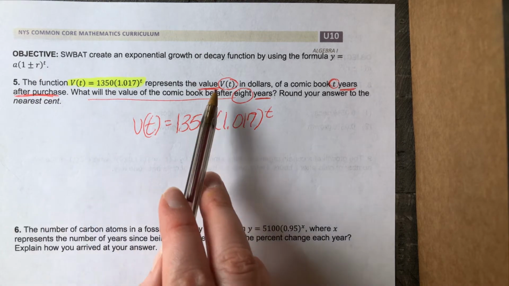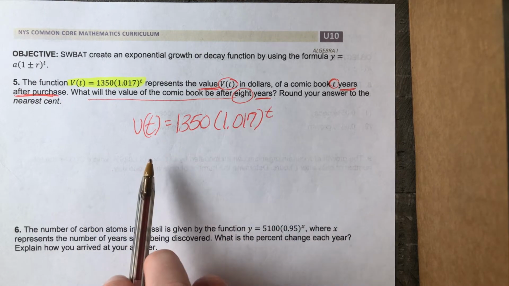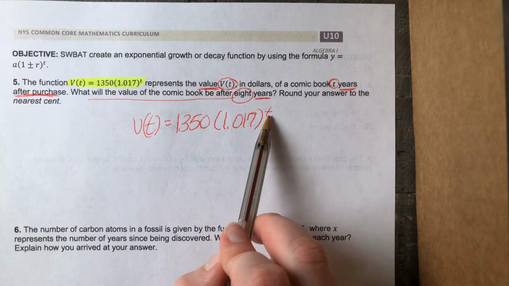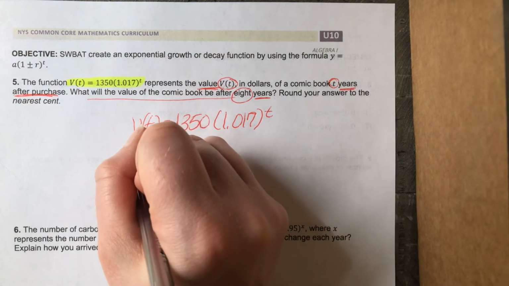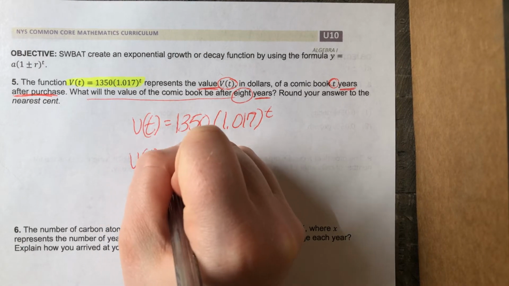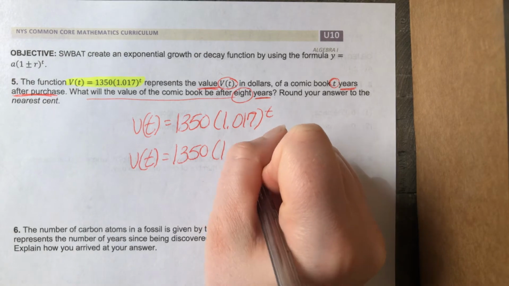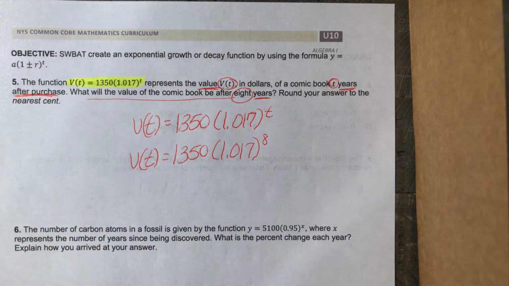I want to know after 8 years what happened. So t is years, 8 is years, so I'm just going to replace t with the number 8. Because again, instead of finding t years, I want to know 8 years.